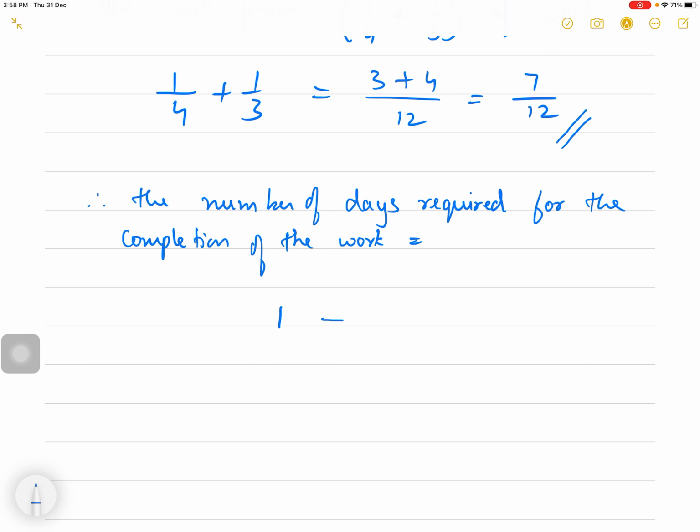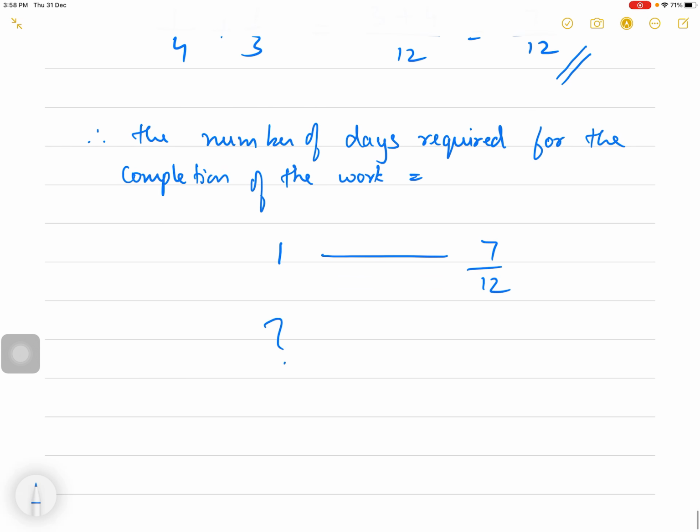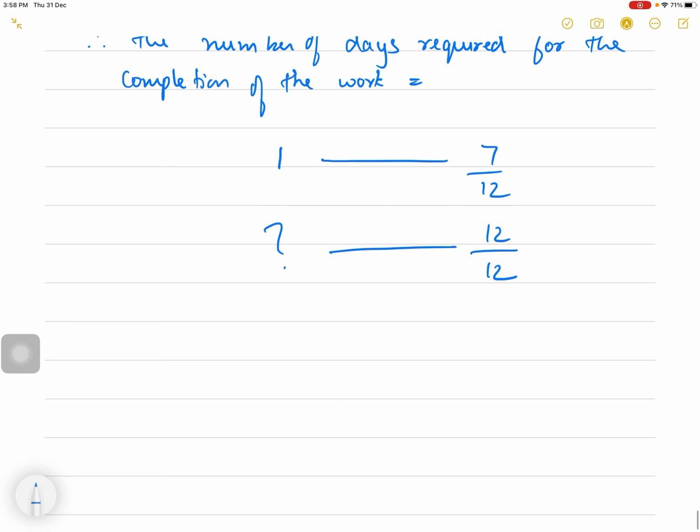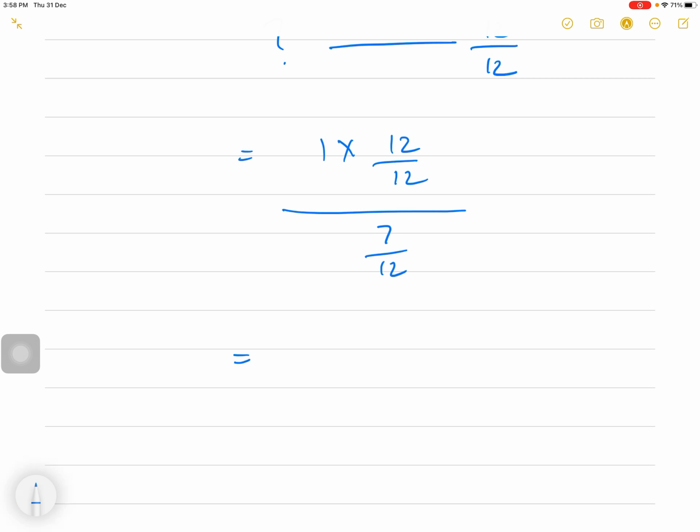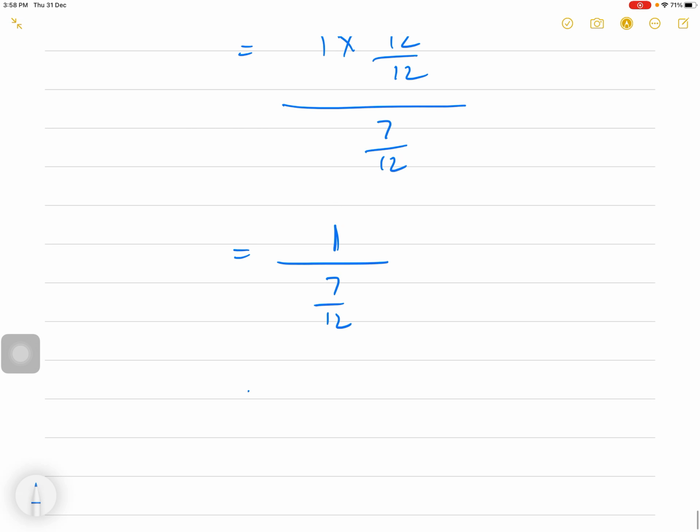If it takes 1 day to complete 7/12 of the work, how many days it will take to complete 12/12 of the work? So 1 into 12/12 divide by 7/12. 12/12 is 1 only. Okay. So 1 into 1 is 1. Right. So numerator is 1. Divide by 7/12.